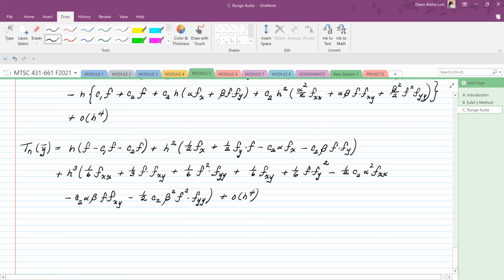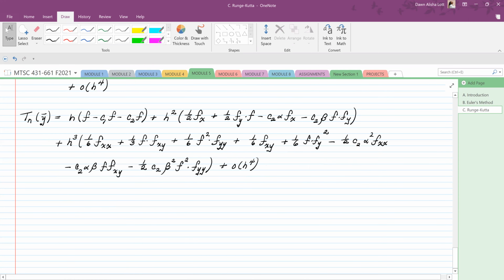Okay, so let's get rid of the first piece, the order H piece, and so that gives us 1 minus C1 minus C2 is equal to 0. So that kills off the order H term.